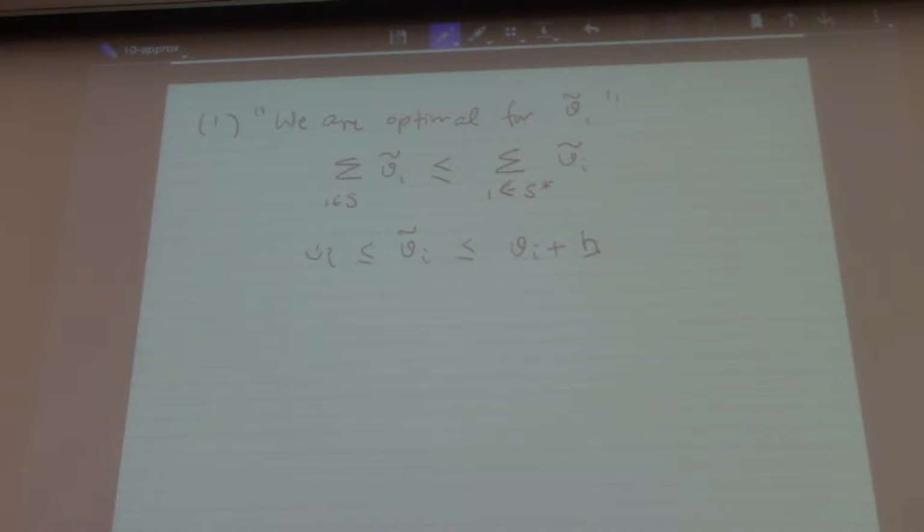Can we put these two things together to give us something that we can talk about? Because our goal here is to replace all these tildes by just regular v's. That's what we want to do. So here's what we can say. Let's look at the optimal solution. We want to compare the optimal solution. So that's the sum over i in S star of vi.